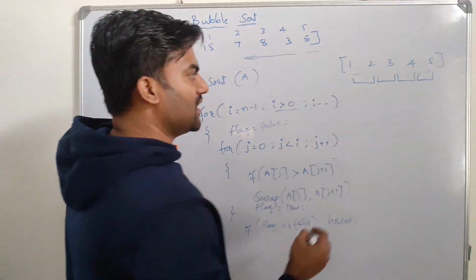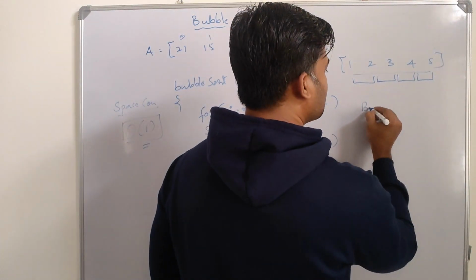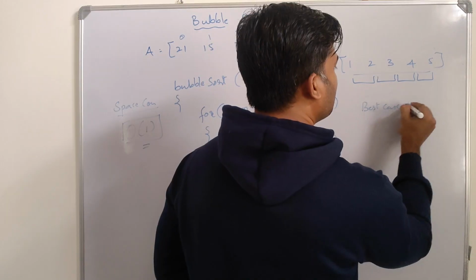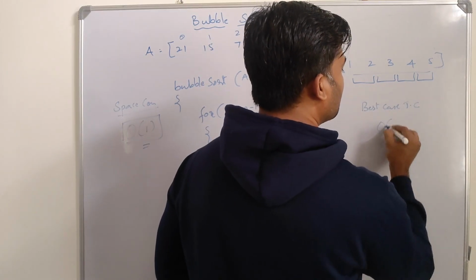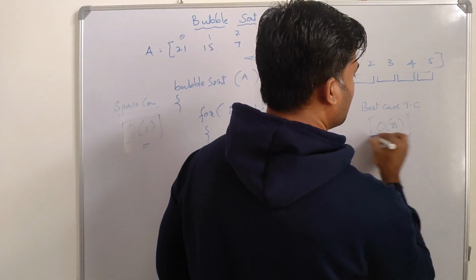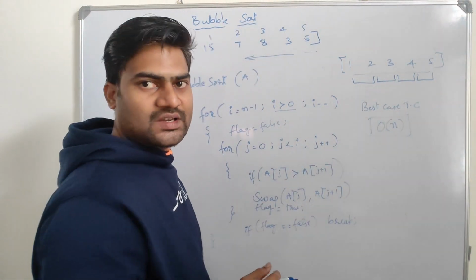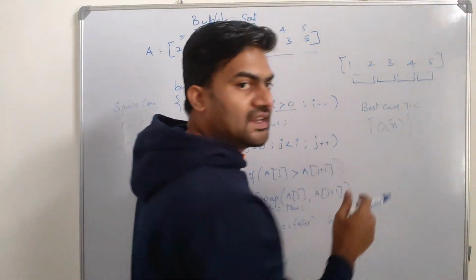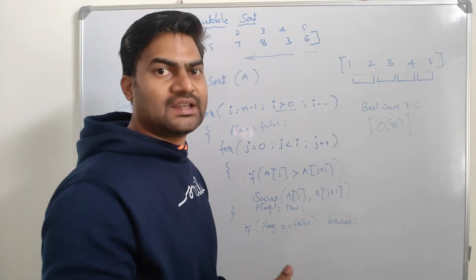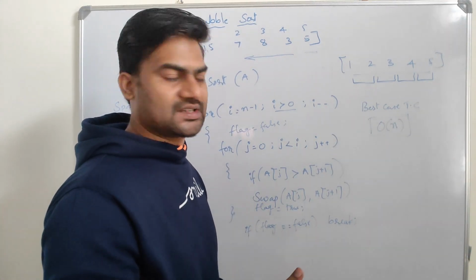So if we do that, then the best case time complexity is of order n, because once the elements are already in their sorted order, we don't really need to swap, or we don't really need to compare after the first iteration.